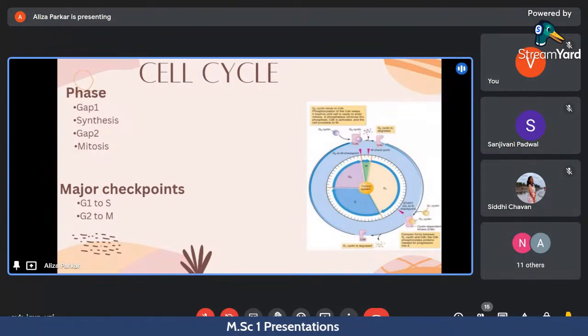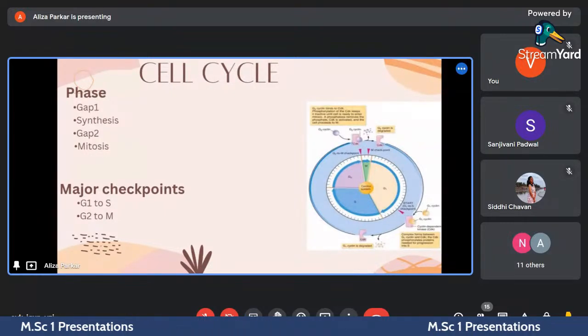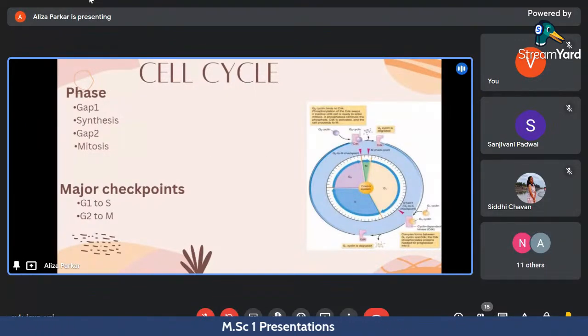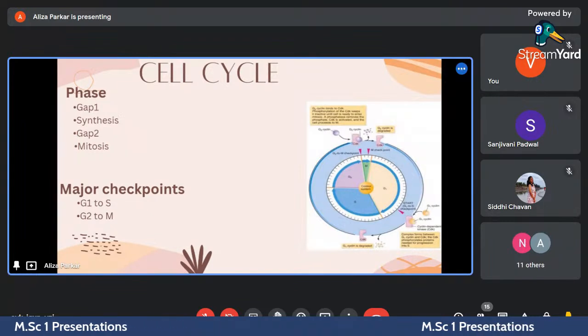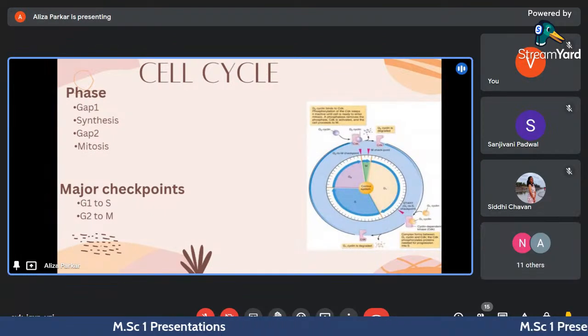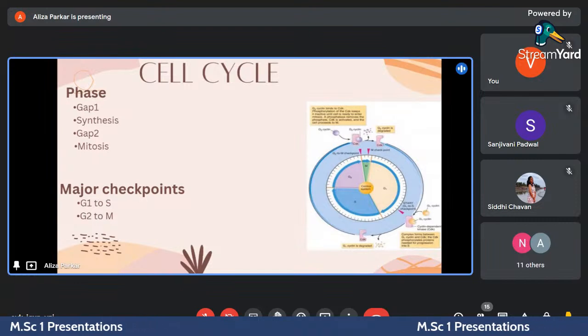The cell stays in G1 unless it grows big enough and the environment is favorable. Another major checkpoint is the G2 to M checkpoint. It occurs at the junction between G2 and M. Unless all the DNA has been replicated, the cell has become big enough and the environment is favorable, the cell cannot enter the mitotic phase of the cell cycle.